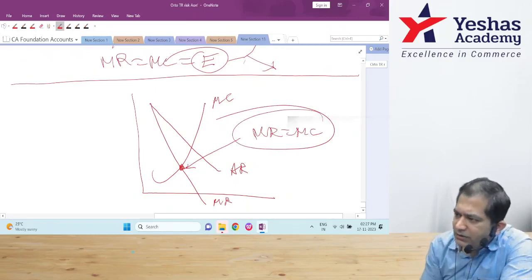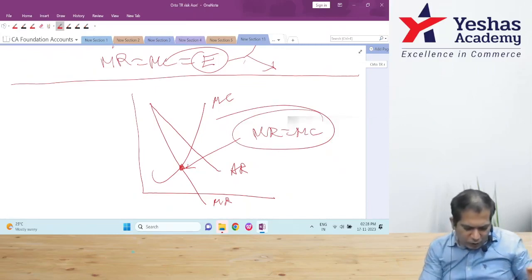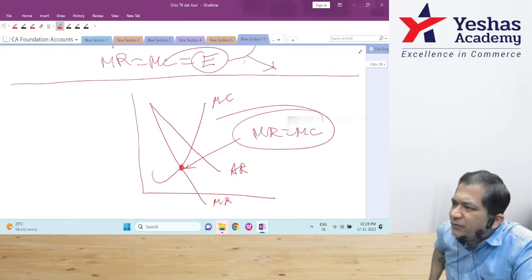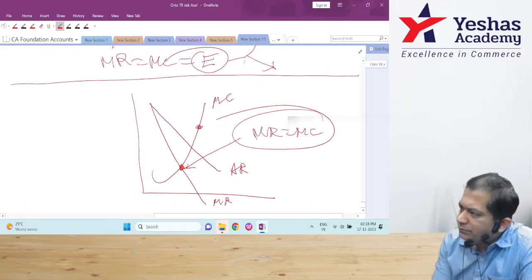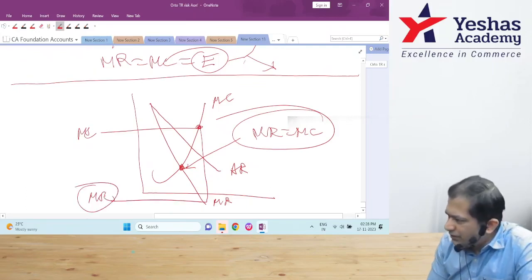Again, the equilibrium will be achieved at the point wherein MR is equals to MC. All right, MR is equals to MC, because remember, whether it's perfect competition or monopoly or monopolistic, the idea of marginal cost and marginal revenue doesn't change. Because if I'm producing at this point, so this is my marginal cost here, and you see my marginal revenue has become negative. Should I be doing this?